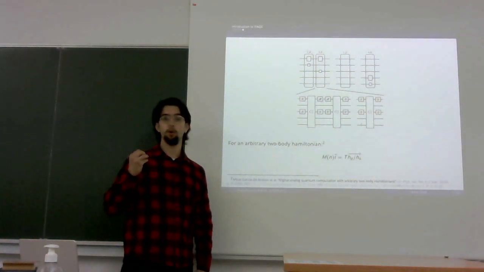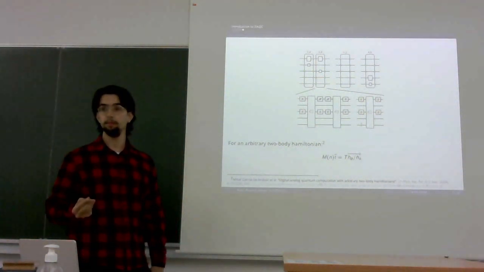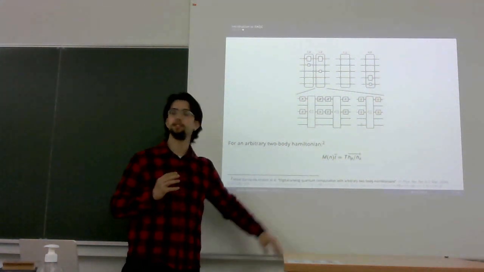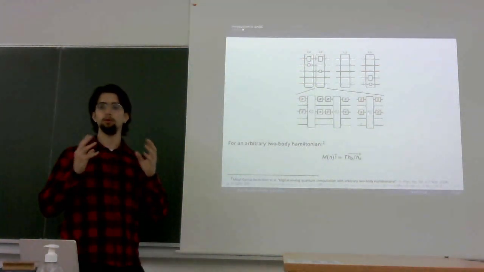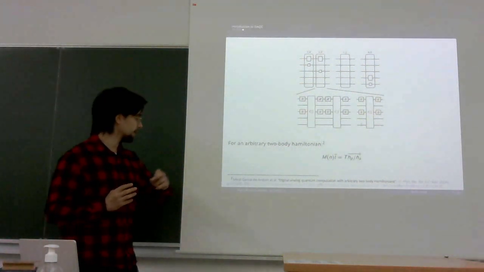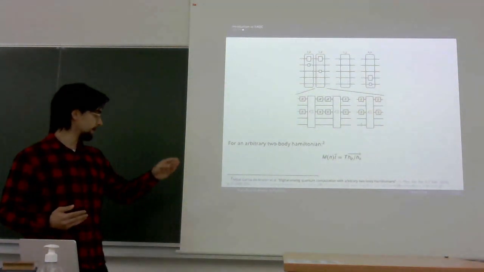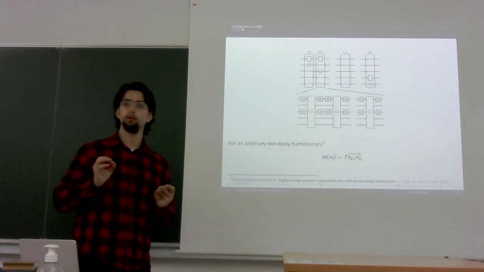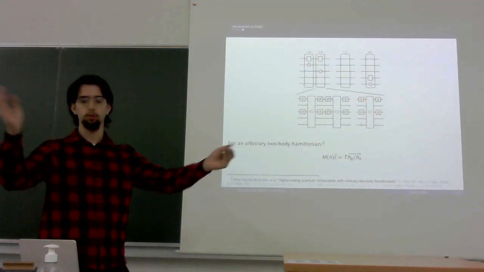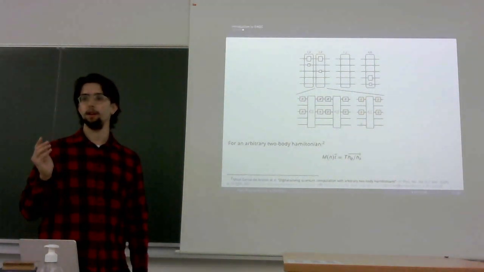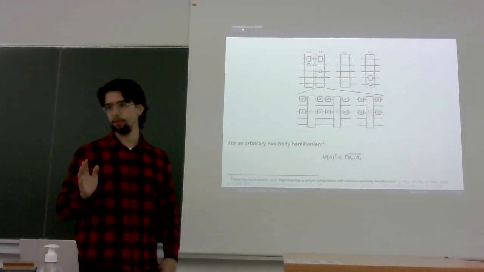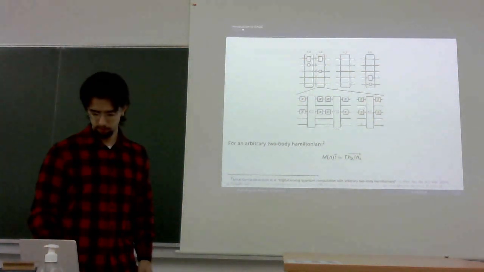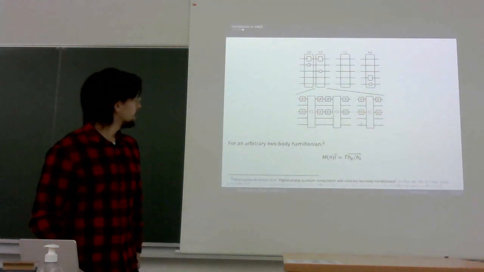The equation that we are going to get from this is going to be the same, but the change is how we construct the sign matrix. How we construct this sign matrix is something that Mikkel has gone over in his paper, Digital Analog Quantum Computation with Arbitrary Two-Body Hamiltonians, but here we only need to keep in mind that it is a matrix that represents the signs of the couplings. We are not going to go over the structure, and it's not really something that we are going to discuss.